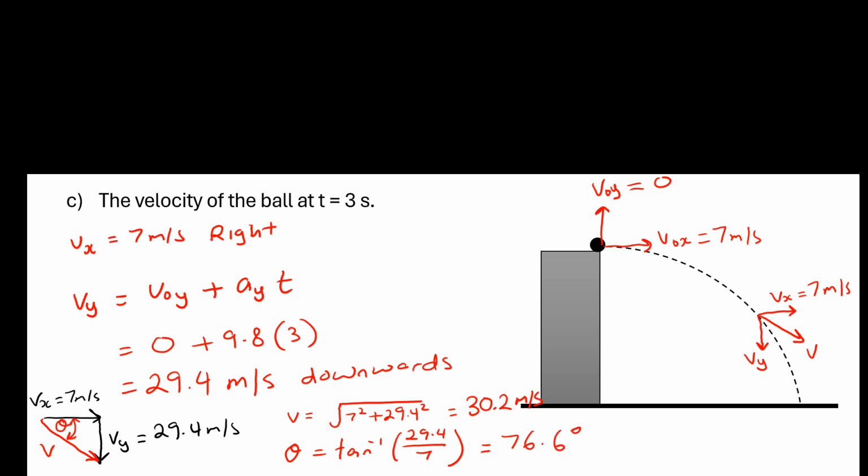And now we can say the final answer is V equals 30.2 meters per second, and the angle is 76.6 degrees to the horizontal. So directed at 76.6 degrees to the horizontal.